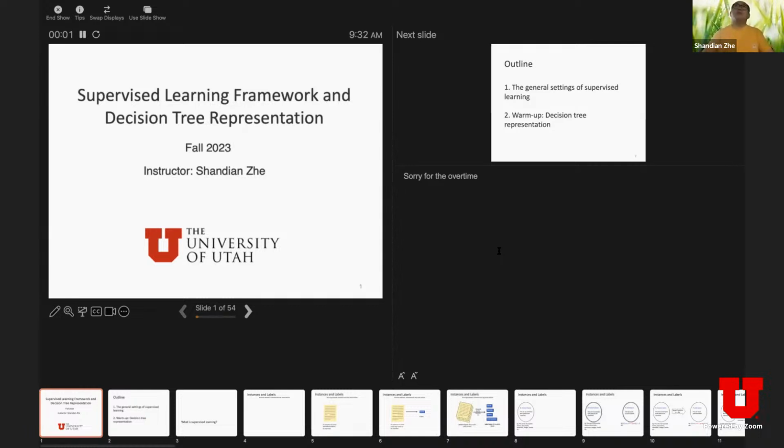And what is your learning algorithm? What kind of searching procedure are you going to adopt? And then what is our loss function or evaluation metric? This is also very important because you need to measure whether your learning is effective or not. That's why you have to come up with some metric. And this metric can also be used to guide your function searching procedure.